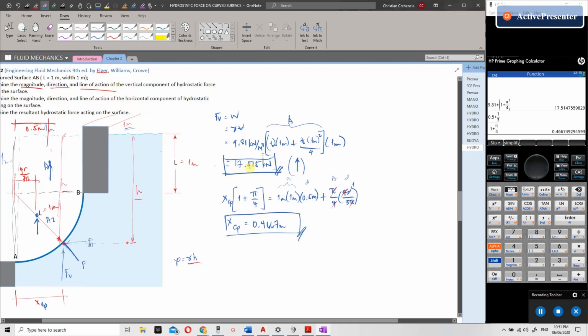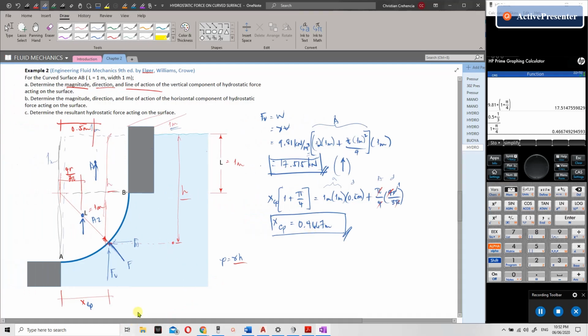So we have 17.515 kilonewton upwards, with a distance of 0.4667 meter from point A. Okay, so let's continue with letter B: determine the magnitude, direction, and line of action. Same, but in this case, the horizontal component.